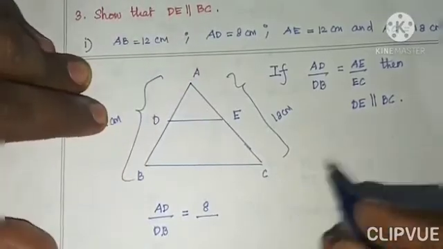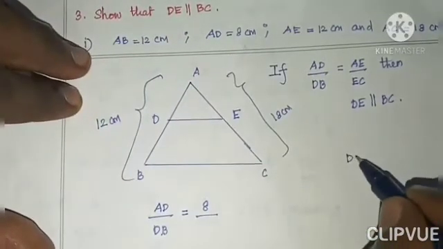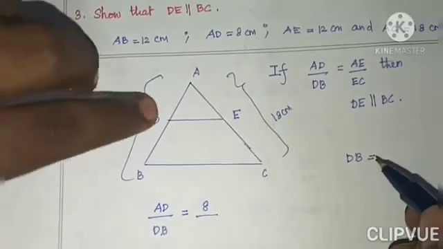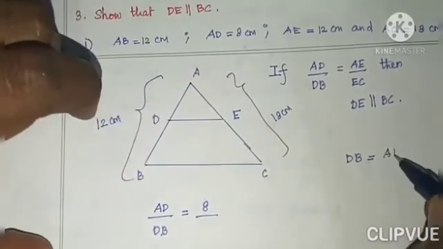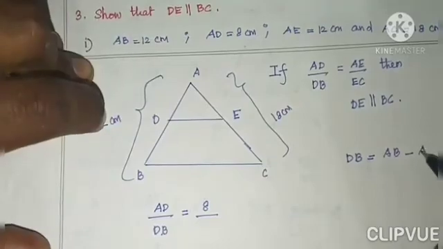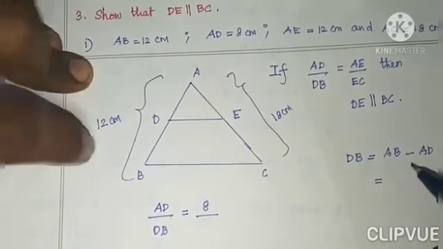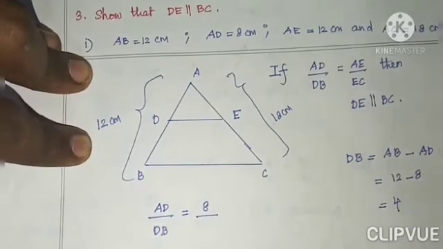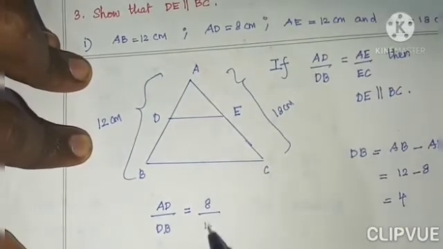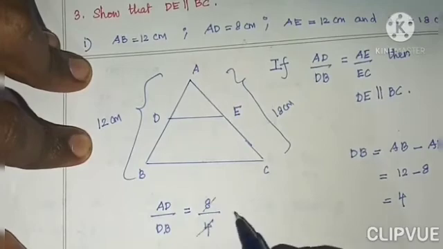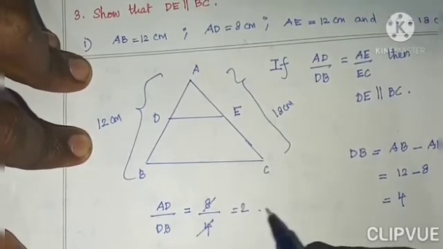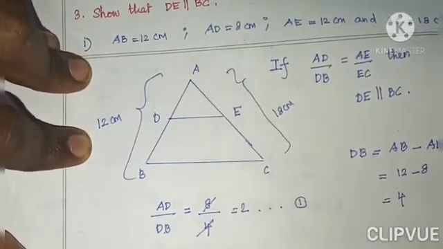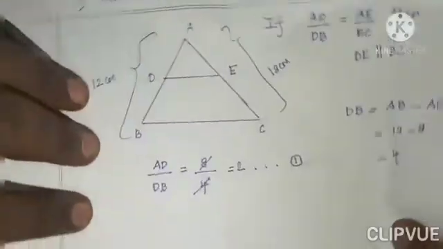AB is 12 minus 8. So we get 4. So DB equals 4. If you simplify, you will get 2 by 1. Consider this as 1.